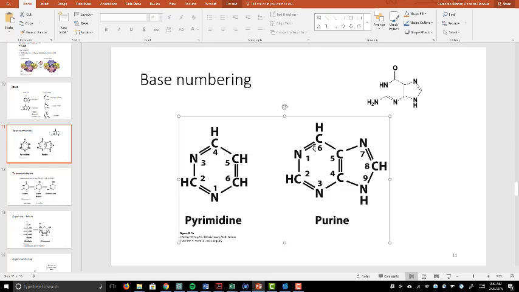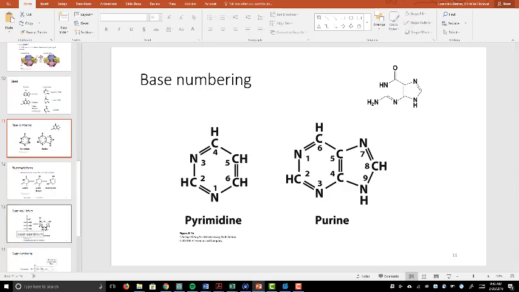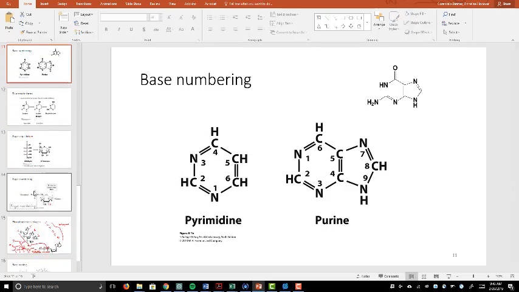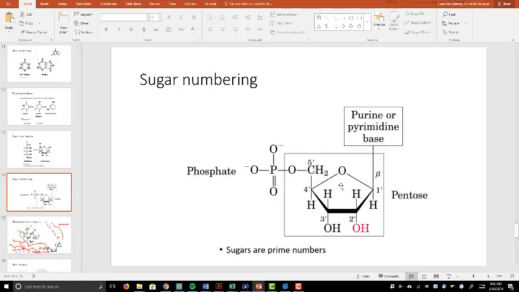We work our way around one ring, and then we hop over and work our way down, and we actually end on the nitrogen that is connected to the ribose ring. So on the pyrimidine, you start where the ribose ring is connected, and on the purine, you end where it's connected. And again, just as a reminder, those bases are connected to the ribose ring sugar.